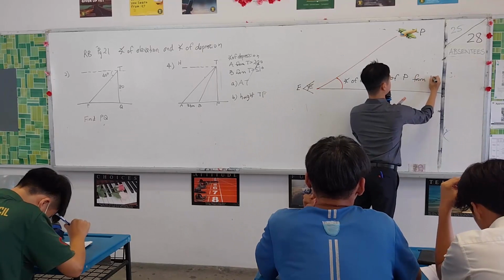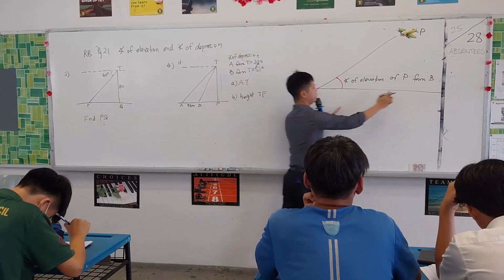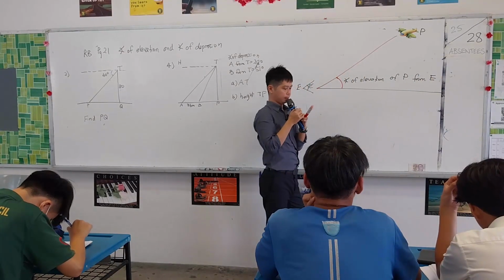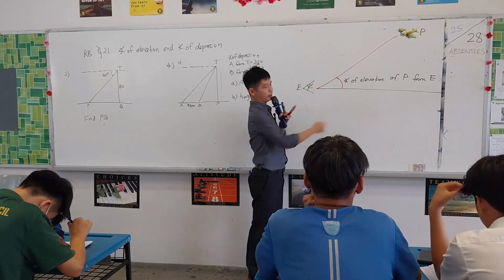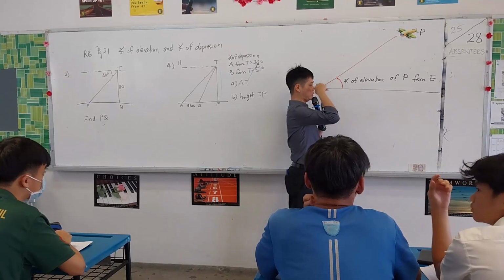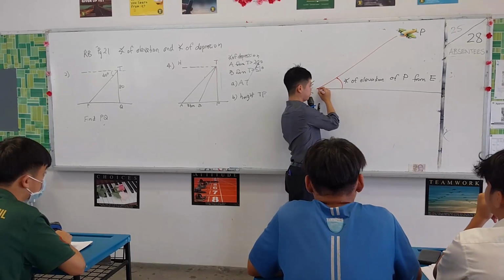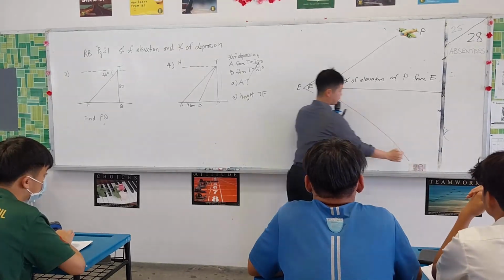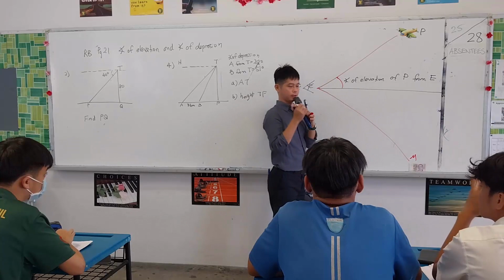So it's a bit like bearings. From E, I will look at the plane. Now, I have money down there, $2. So at the eye level, I need to look down at the money. Let's call this M here.